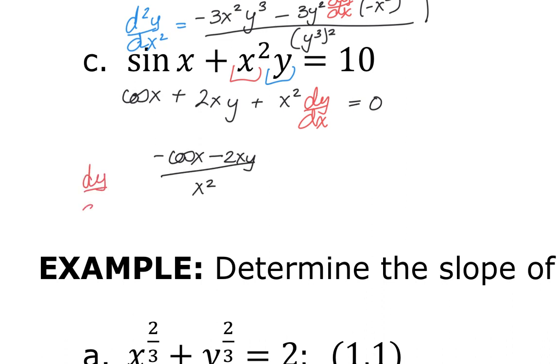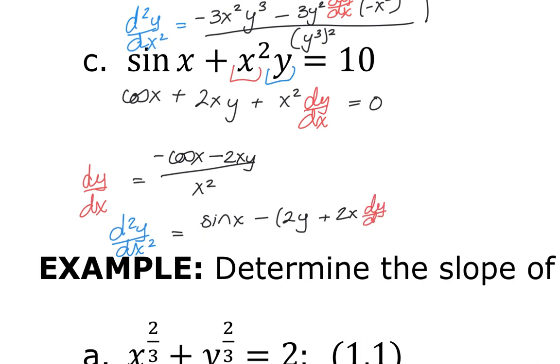That is going to be my dy/dx. When I'm ready to do the second derivative, d2y over dx2, I'm going to have the derivative of the numerator, derivative of negative cosine is negative sine, so it'll be sine of x, minus, and I'm going to have the derivative of 2x, which is just 2 multiplied by y, and then it'll be plus the derivative of 2x multiplied by dy/dx, the derivative of y is dy/dx.